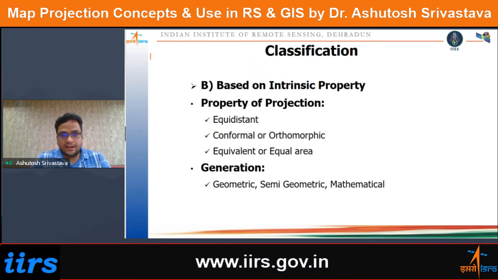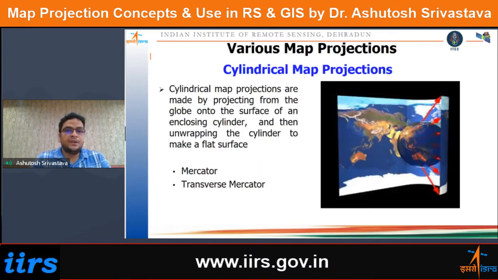So equations are obviously required. Some examples: if you see here the globe inside that cylinder, we have projected onto the wall of this cylinder, and then we unwrapped it. After unwrapping, you are able to see the two-dimensional map, which is basically the projected map.